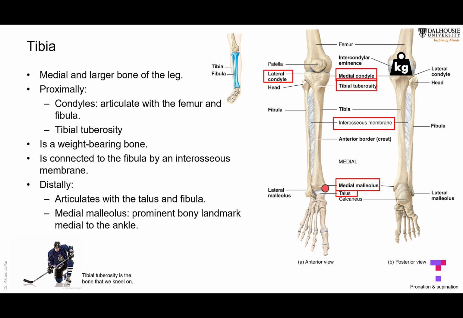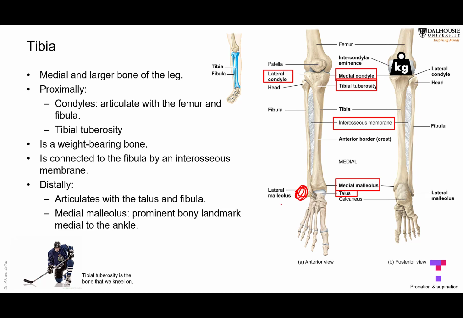On the medial side, the tibia has a prominent bony landmark, which again you can feel, on the medial side of your ankle. This is called the medial malleolus. Malleolus means hammer, so it looks like a hammer. They call it medial malleolus because the fibula has another malleolus here, which is called the lateral malleolus.